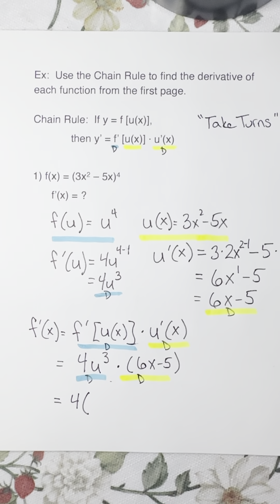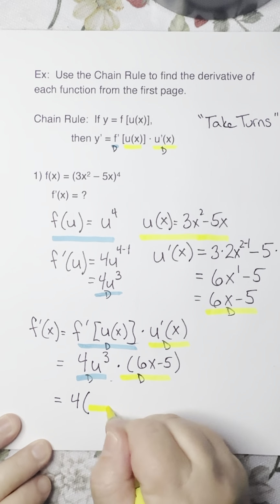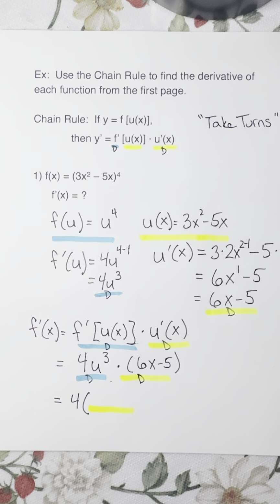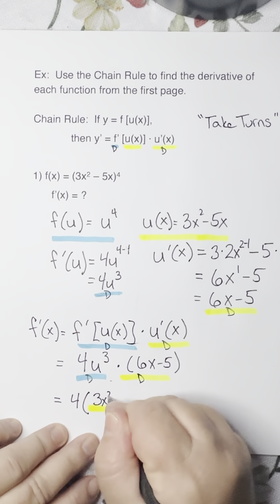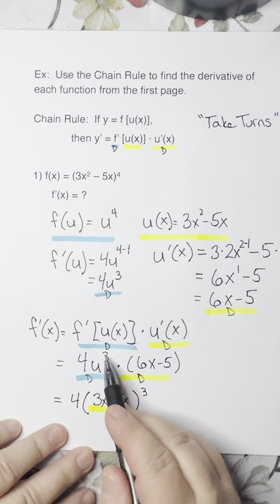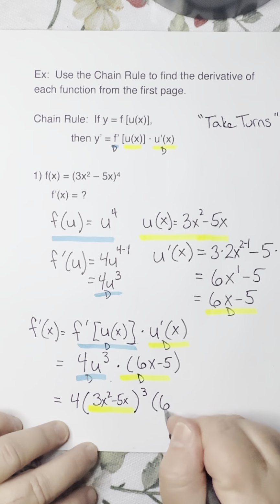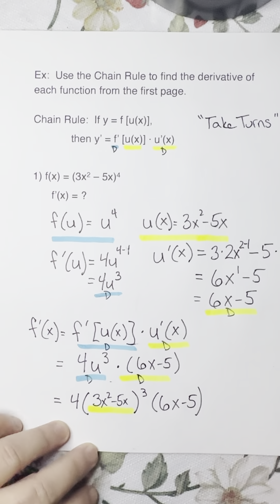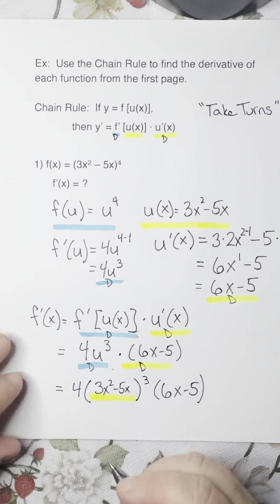This is plain u, not the derivative of u. So this is going to be 4 times the quantity 3x squared minus 5x, cubed, times 6x minus 5. That's our final derivative.